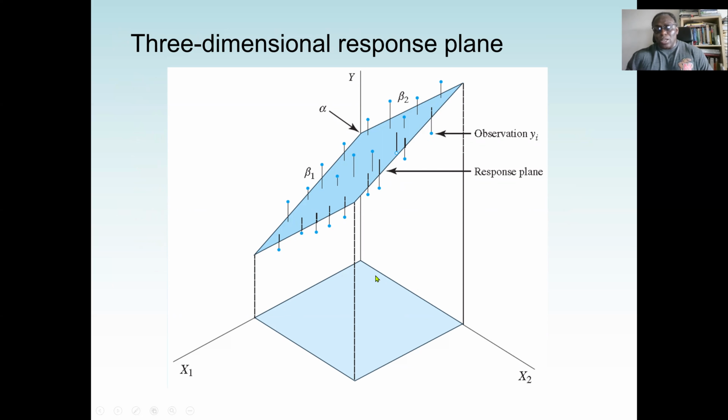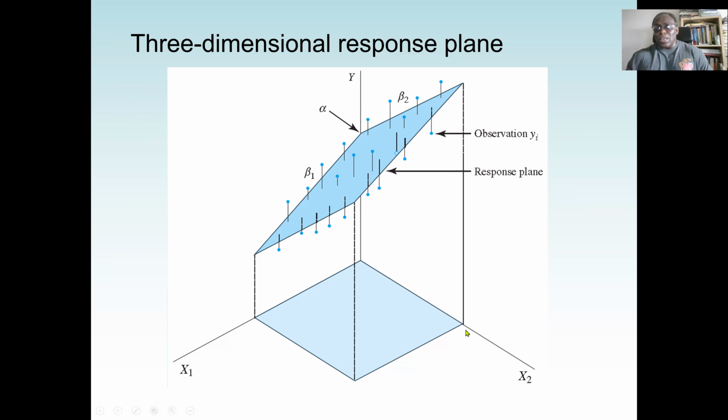Now the x1 line will be determined by its slope. This is B1, or beta 1, the slope for the input x1, or independent variable x1. The slope will determine the steepness of the line.